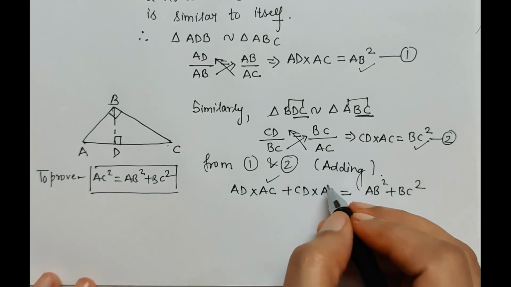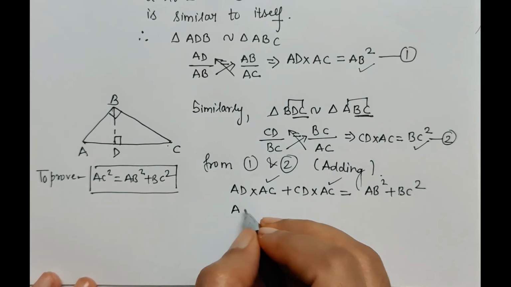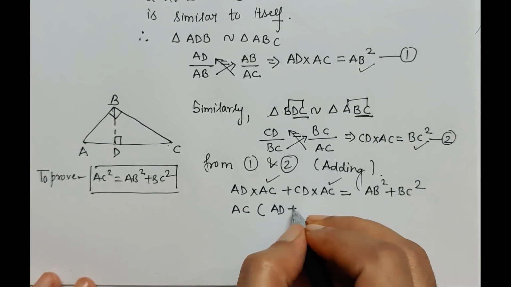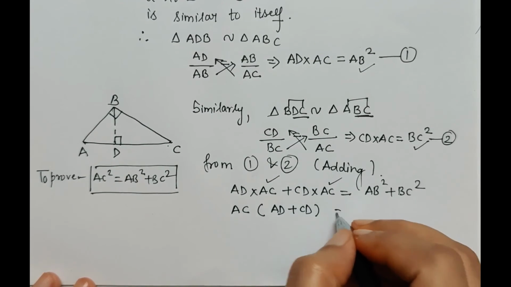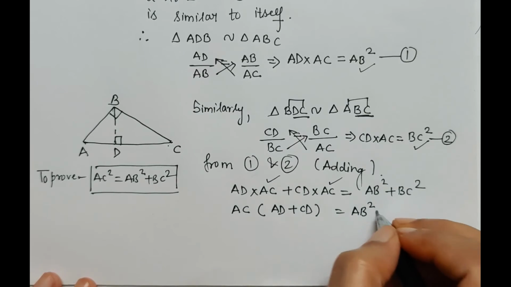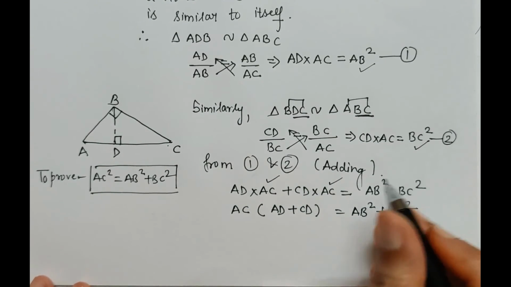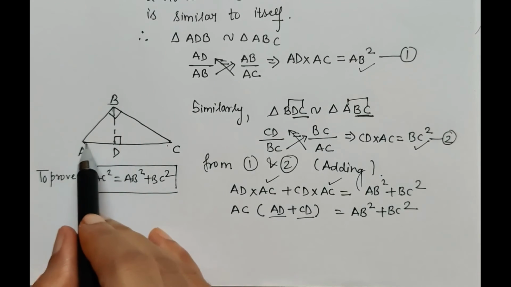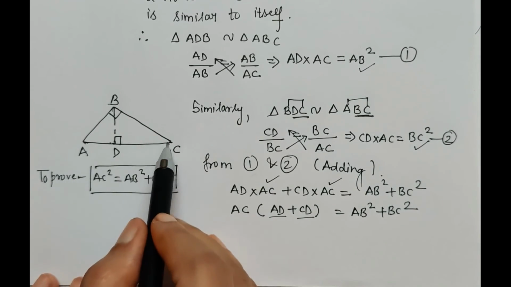Here we can see AC can be taken outside. So AC is taken outside, and we are left with AD plus CD, giving AC into (AD plus CD) is equal to AB square plus BC square. Now when we check AD and CD in the figure, AD plus CD is nothing but AC.